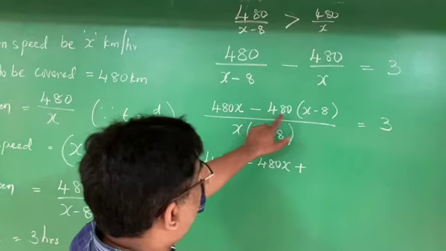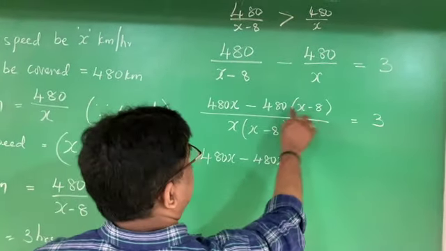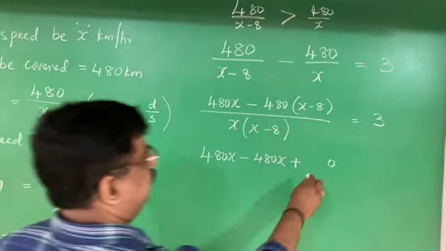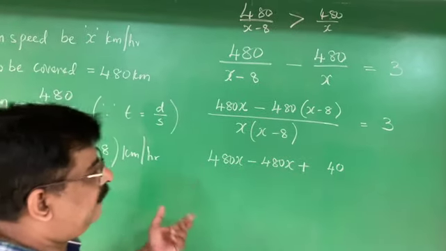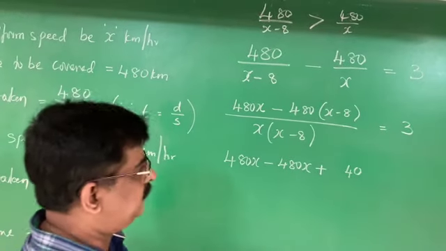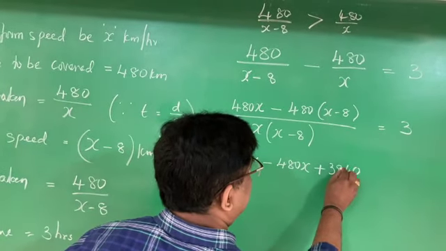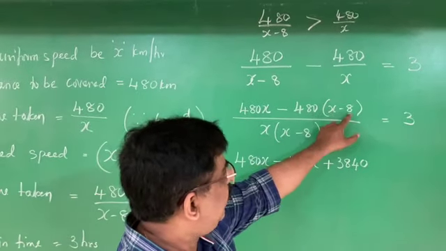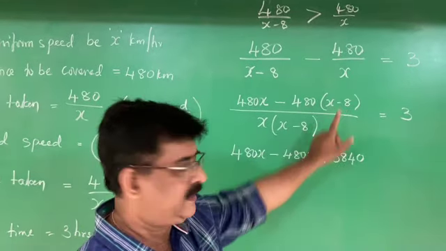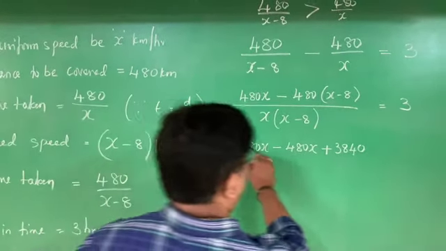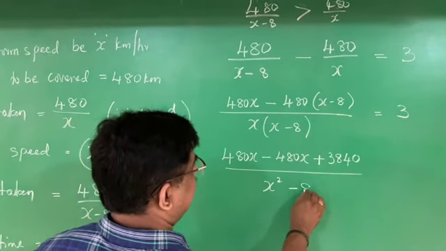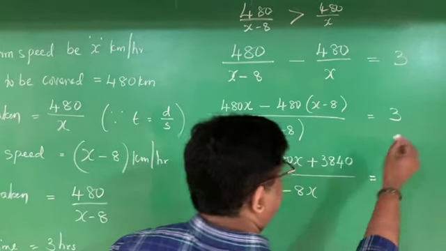Now I have to multiply 480 into 8. 8 into 0, 0. 8 8s are 64, 4 to the right, 6 left. 8 4s are 32, 32 plus 6 is 38. 0 into 8, 0. 8 8s are 64, 6 left. 8 4s are 32 plus 6 is 38, right? Whole divided by x into x, x square minus 8x is equal to 3.